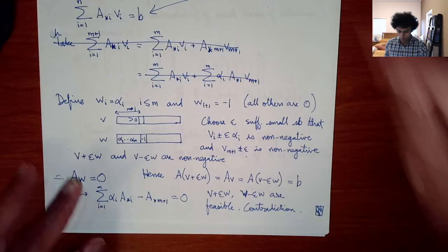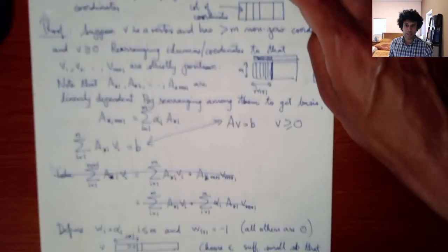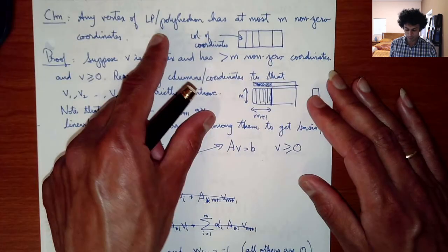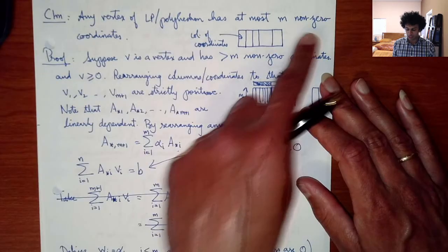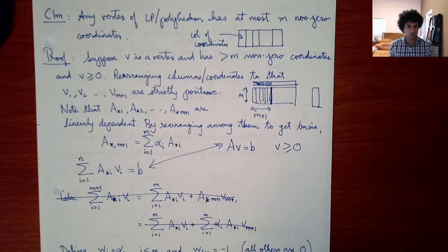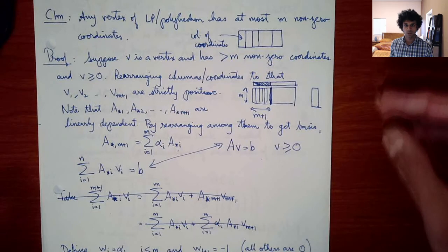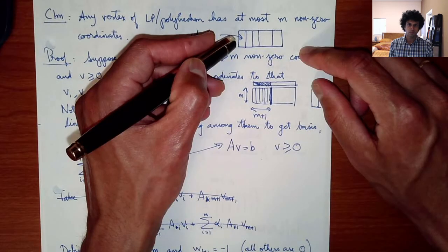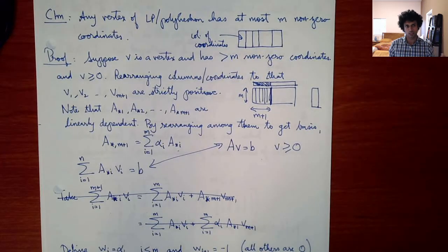What we then proved, and this is the claim that we are going to use right now, is that any vertex of the LP or the polyhedron has at most m non-zero coordinates, where m was essentially the row rank, which in this case is the number of rows.